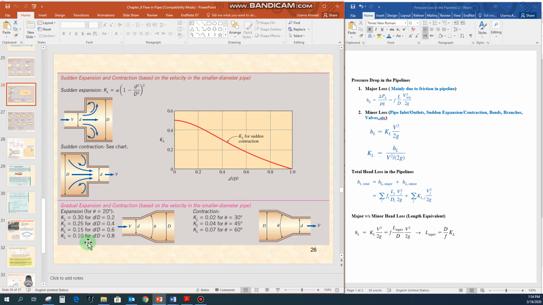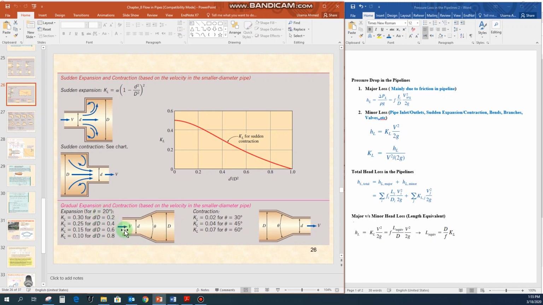Now there could be another situation in which there is a gradual expansion system, or a gradual contraction system. Now you have to see the value for the angles. This was the angle here for the gradual expansion: it is 20 degrees, and the value for the ratio, small d divided by capital D. Small d is the diameter of the smaller pipeline, capital D is the diameter of the bigger pipeline.